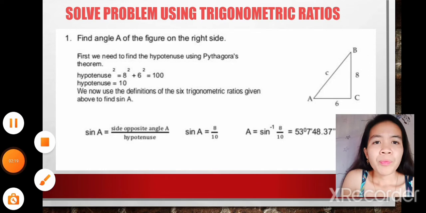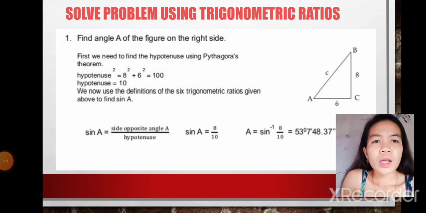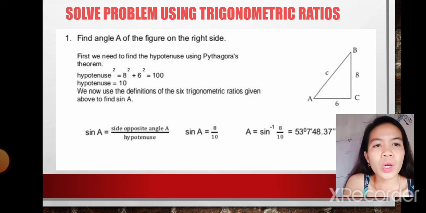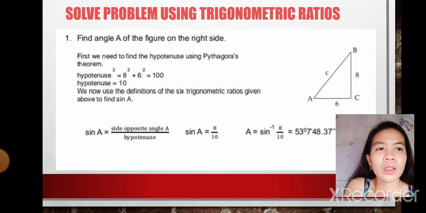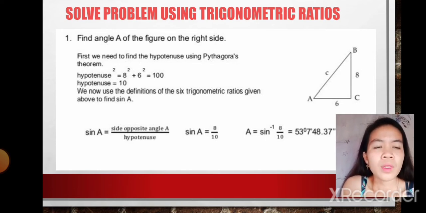So, we now use the definition of the six trigonometric ratios given above to find sin A. So, sin A is equal to the side opposite angle A over the hypotenuse. The opposite side of angle A is 8, and our hypotenuse is 10.